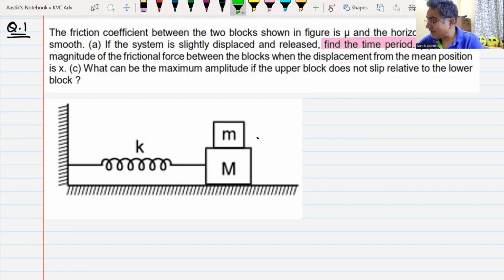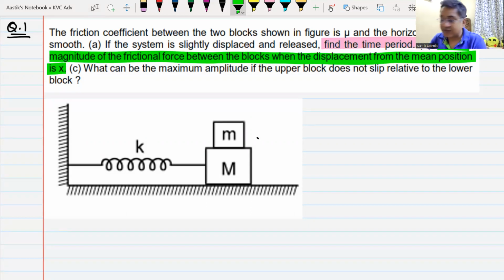The second question is find the magnitude of frictional force between the blocks when the displacement from the mean position is x. Now these two blocks are moving together. So when the displacement from the mean position is x, what would be the acceleration of both the blocks, because they are moving together in SHM? The acceleration of the block will be equal to, I am not writing the negative sign, omega square into x.